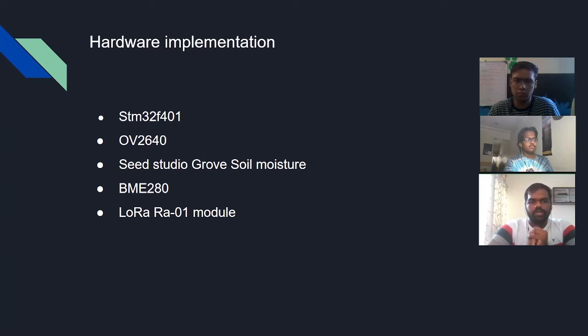And the next component is the LoRa RA-01 model. This model supports LoRa, FSK, GFSK, all these modulation modes. And this model has a range of up to 10 kilometers.